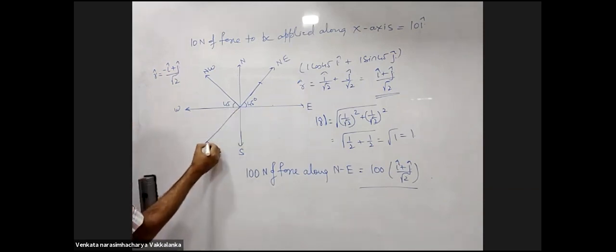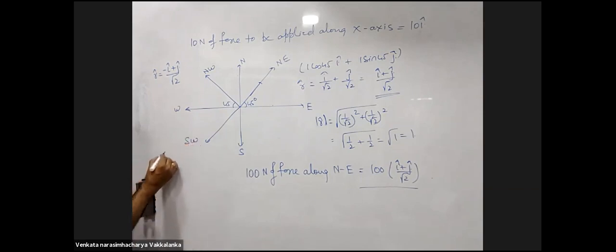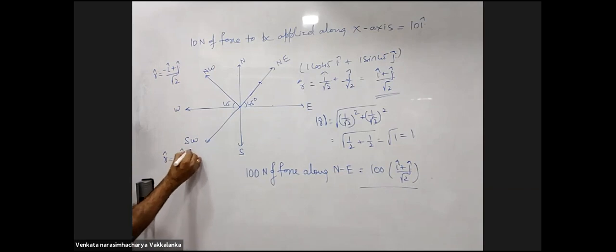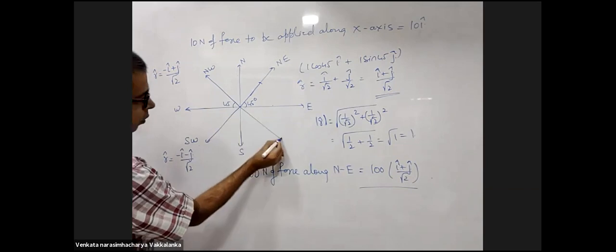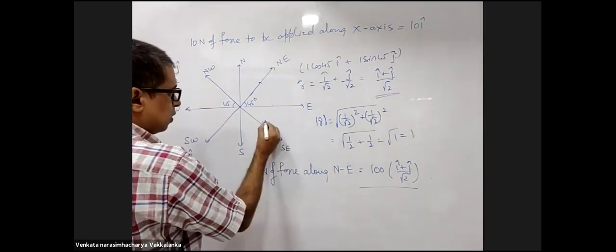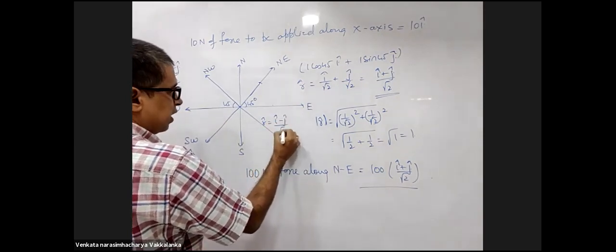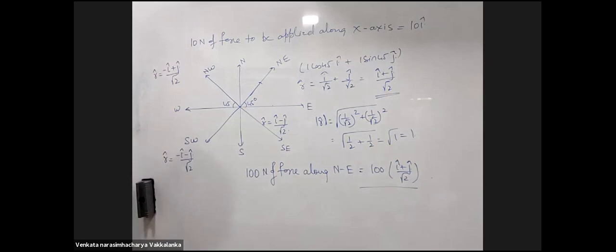Unit vector along southwest will be minus i cap minus j cap by root 2. Unit vector along southeast will be i cap minus j cap by root 2.